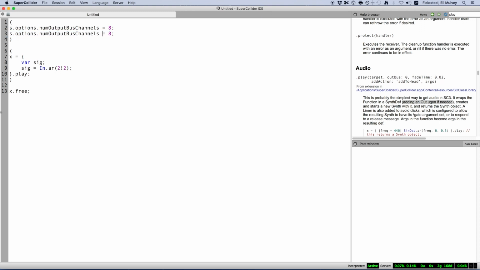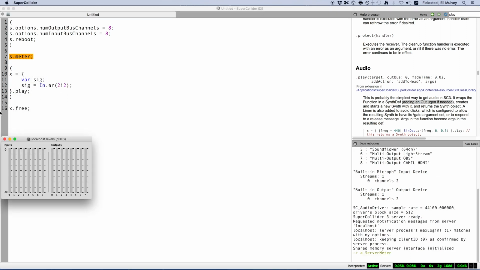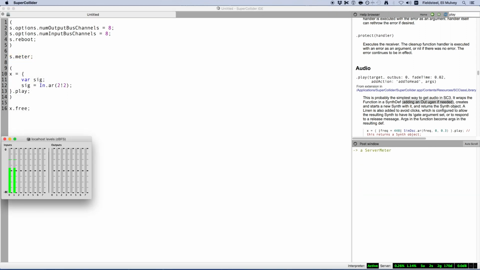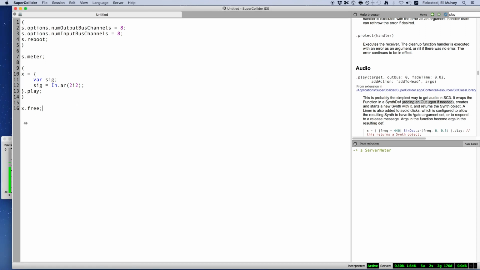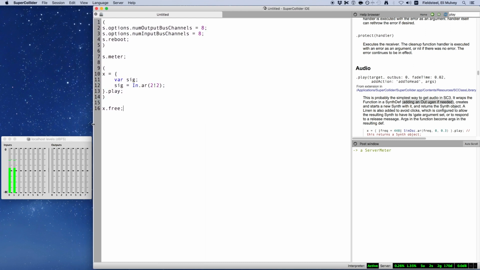Let's say 8 hardware outputs and 8 hardware inputs. To demonstrate, let's make that change ourselves and reboot the server, and that would look like this on the level meters. Maybe this person is using an external sound card with 8 channels, and in fact, some older versions of SuperCollider have this 8 in, 8 out setting by default.